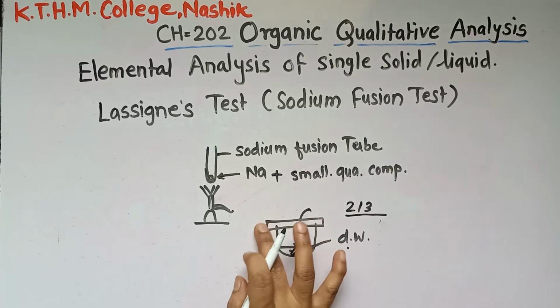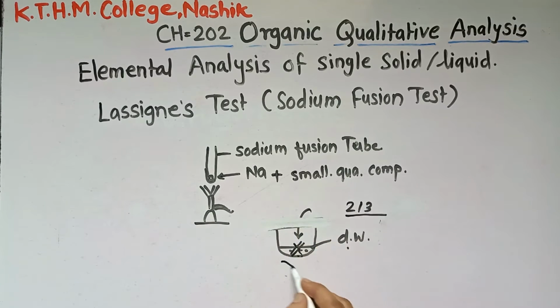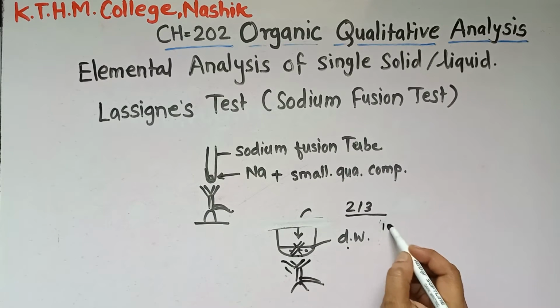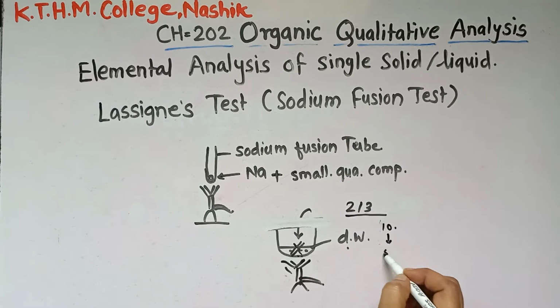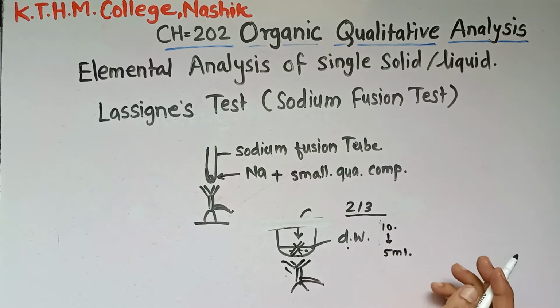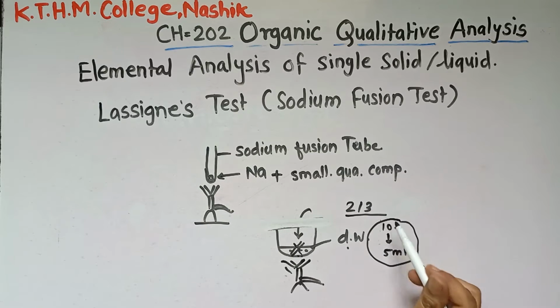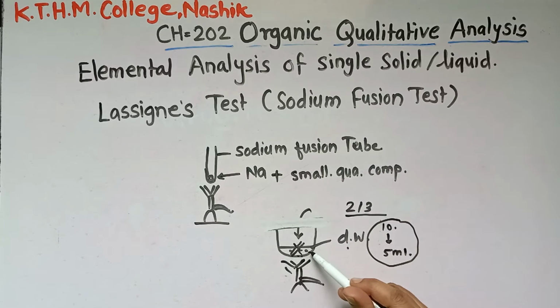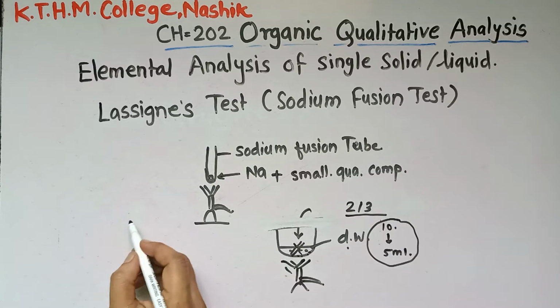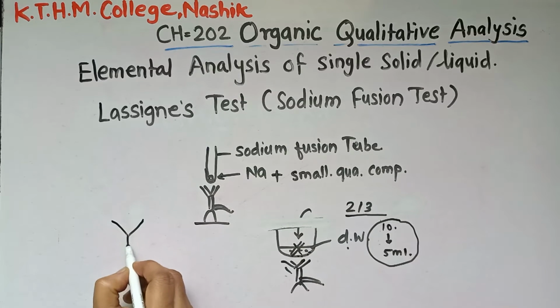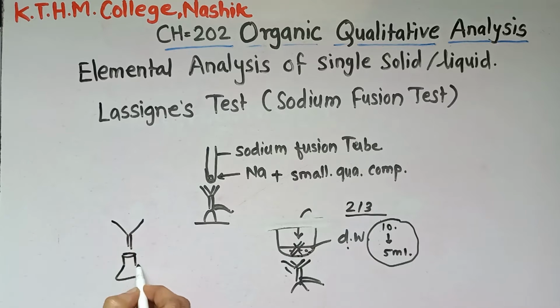Once we break the tubes, we remove the lid and heat this on the wire gauze on the burner, and we reduce the volume of this distilled water. Initially we take 10 ml, and we reduce it to 5 ml. This process is called concentrating the solution. After concentration, we filter with the normal filtration method.